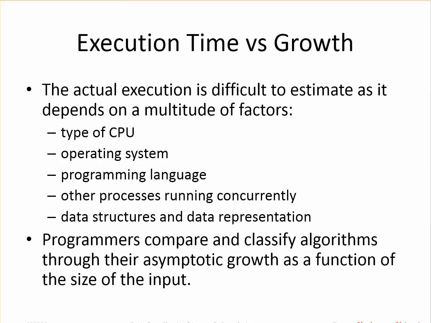Heck, there could even be other processes running concurrently, like a database or networking downloads, or some kind of socket interface. So programmers tend to compare and classify algorithms not based on how many milliseconds they take to run, but rather through the asymptotic growth as a function of the size of the input.